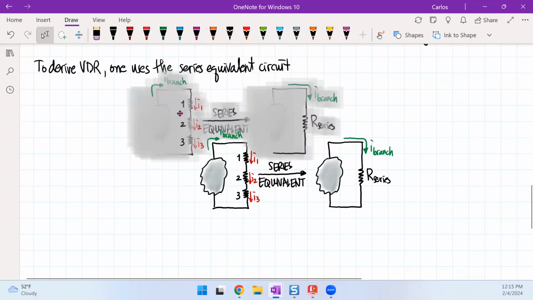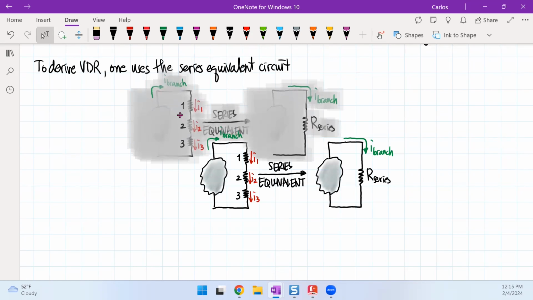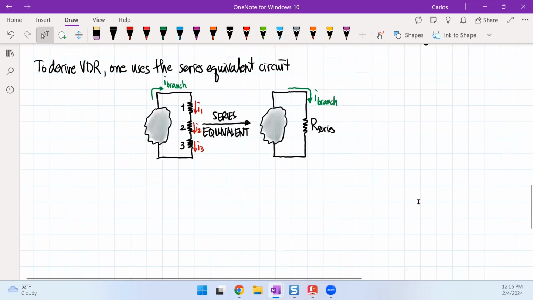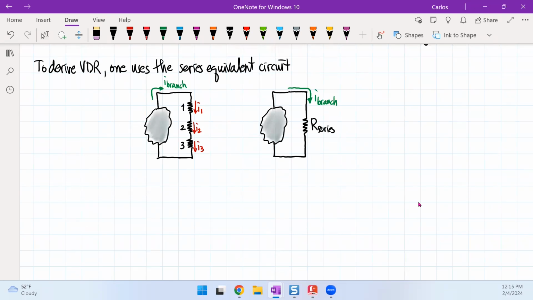So now the thing that I'm going to do different here is that now I'm going to add a voltage of the branch. So what I'm really seeing here is this. I have a voltage drop across the whole branch, and I'm going to call that V branch.